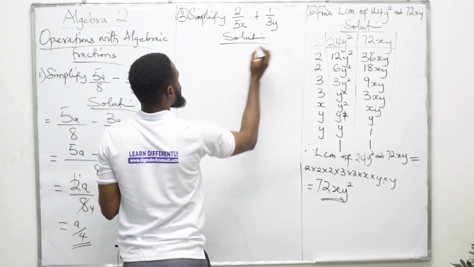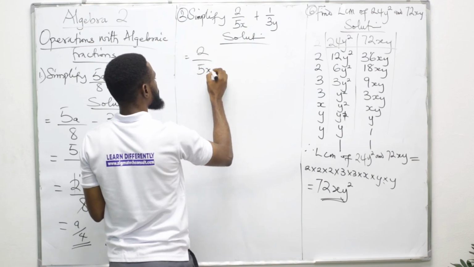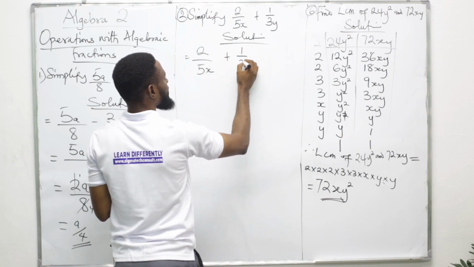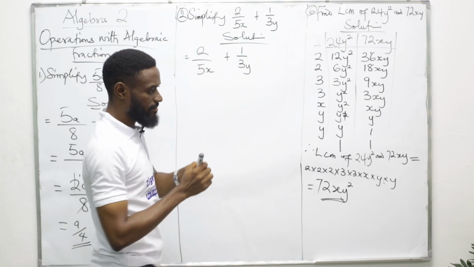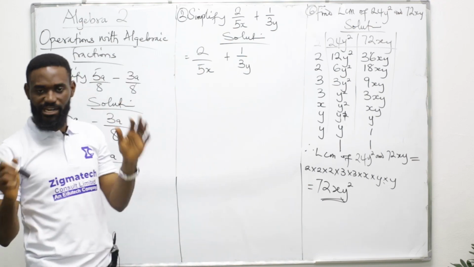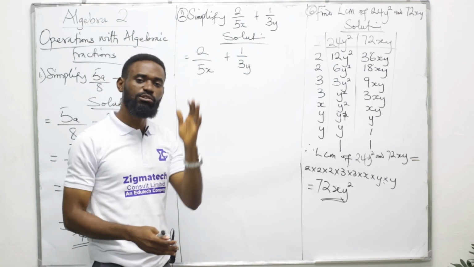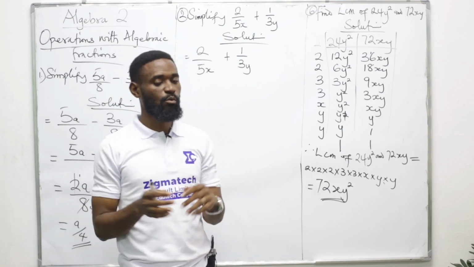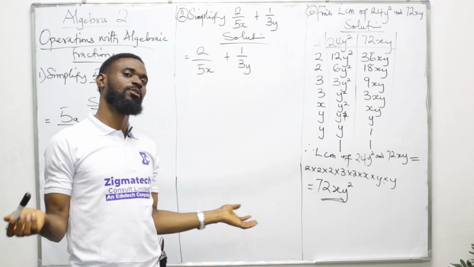Solution to this will be 2 over 5x plus 1 over 3y. Now look up. Remember, in solving fractions, when you want to solve fractions whose denominators are different, what you do is you look for the LCM of the denominators.